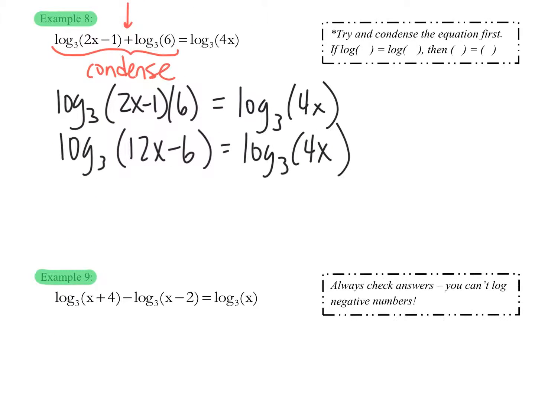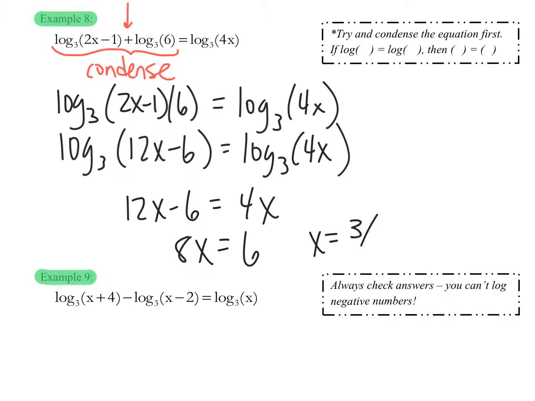So after you condense, we can use that same property. We're just solving the equation of 12x minus 6 equals 4x. When you minus the 4x over, you get 8x, add the 6, and reduce the fraction. That gives you 3/4 for x.